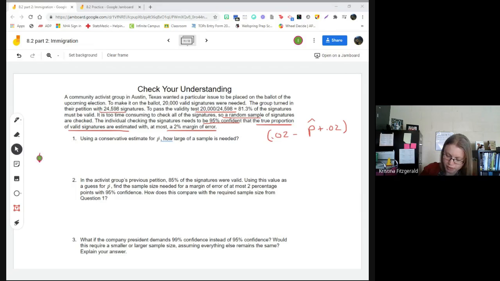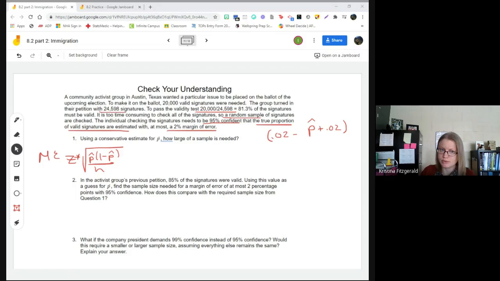So what we want to remember is that the margin of error is composed of two numbers, the z-score, or the critical value, the z number, and then we plug in p with a hat, because we don't usually know p. Now in this case, we also don't have p with a hat because we haven't sampled anything yet to have a p hat, like a sample proportion.